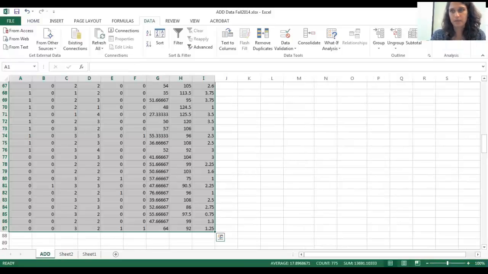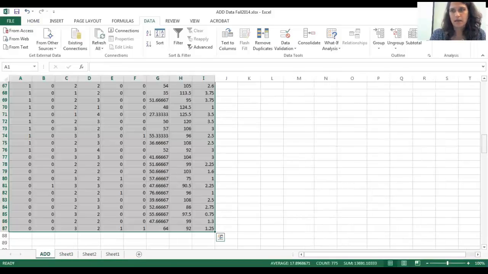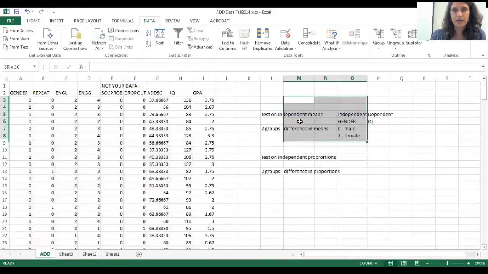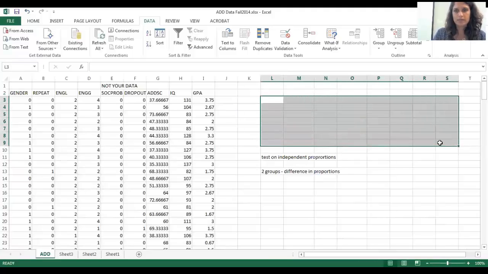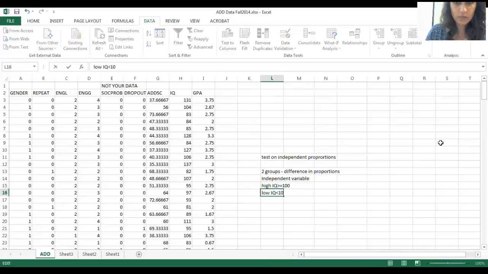I'll take these people into 2 groups, high IQ and low IQ, and that is my independent variable. The high IQ will be greater than or equal to 100, and the low IQ will be less than 100. And then I will do social problems.